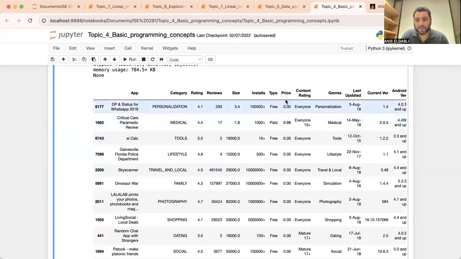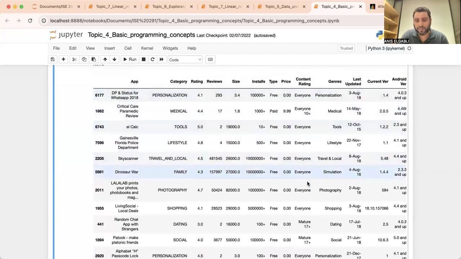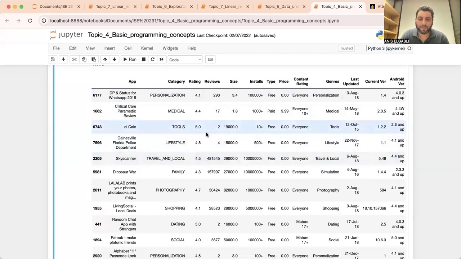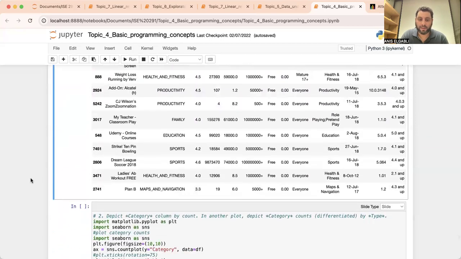So this is the price. The content rating: everyone, 17 plus, whatever. And here is genres: medical, tools, lifestyle, whatever. Anyways, these are the number of attributes. We're going to look at them in the coming cells, inshallah.